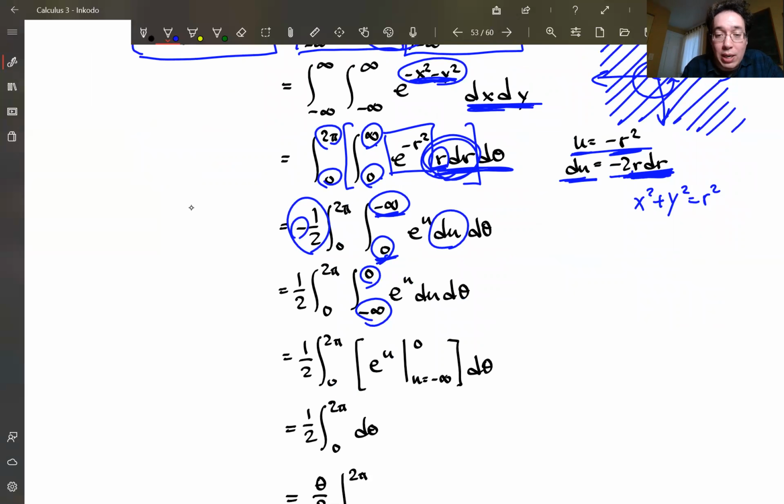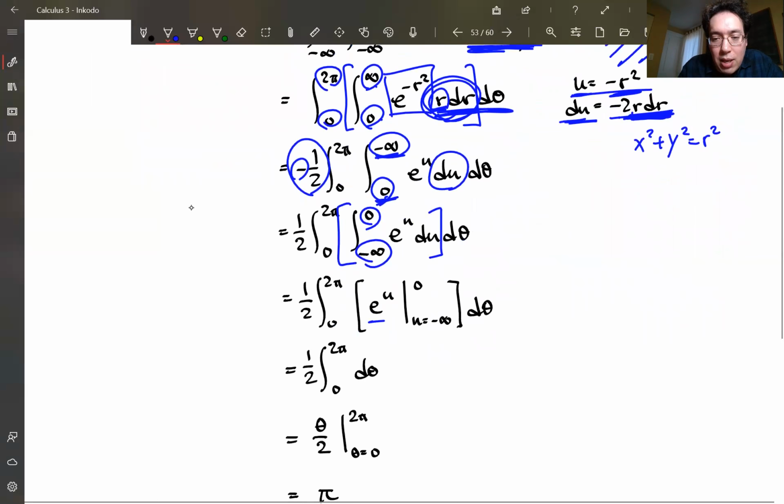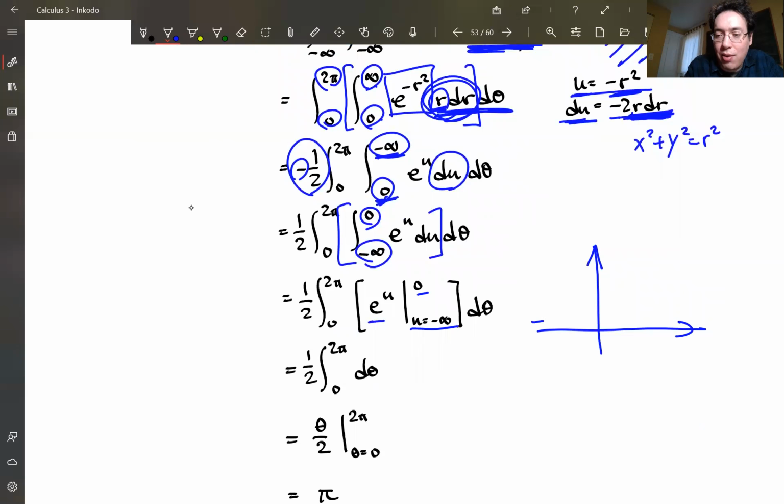Okay. All right, now it's starting to look like something that we can compute, because the antiderivative of e to the u is just e to the u. And u is changing from negative infinity to 0. So let's just look at the graph of e to the u.